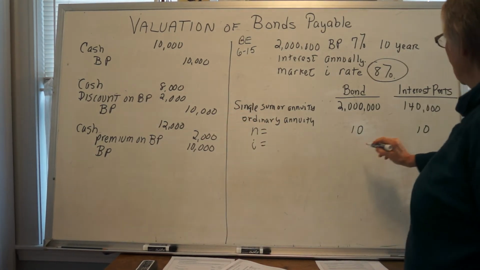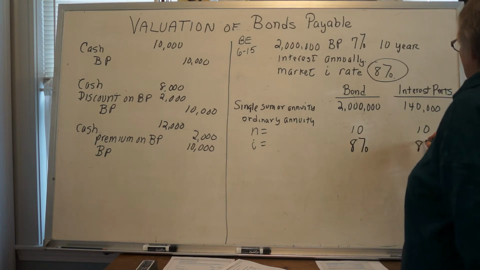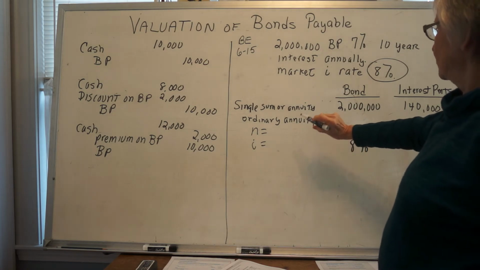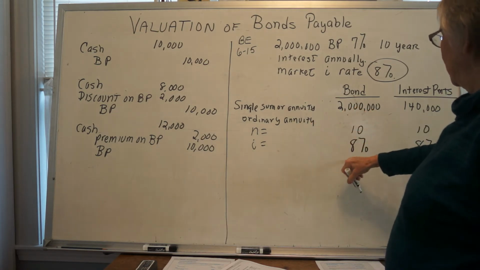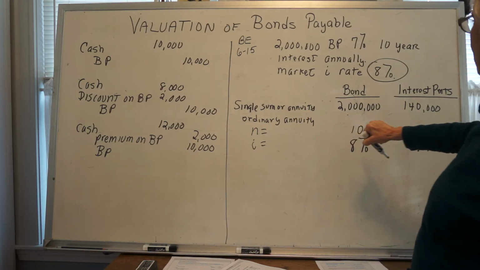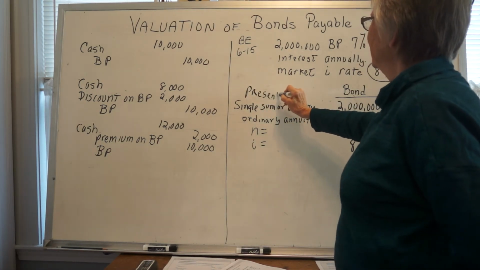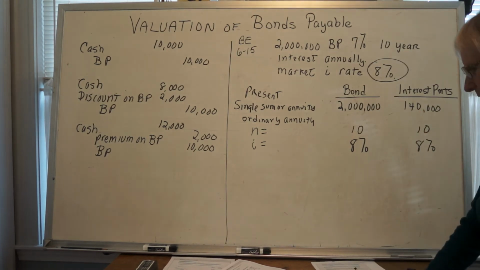So in this case, the interest rate is going to be 8% for both. Okay, so we're going to go to the present value factor of a single sum for our bond. We'll go to the present value factor for a, I forgot to even ask, we need to know the present in this. We'll go to the present value factor of an ordinary annuity for the interest payments.